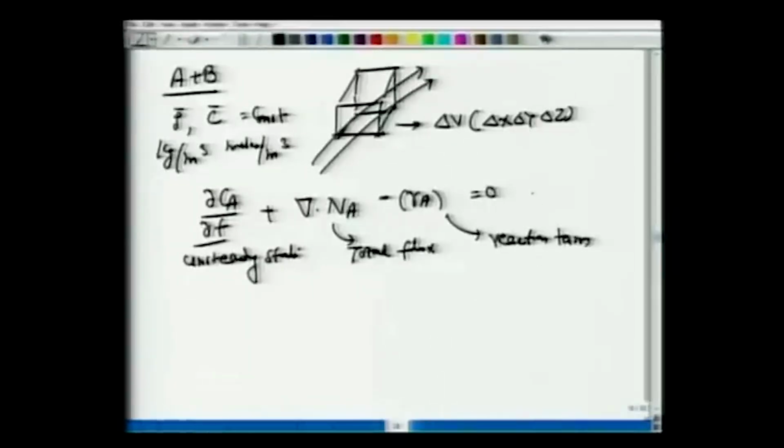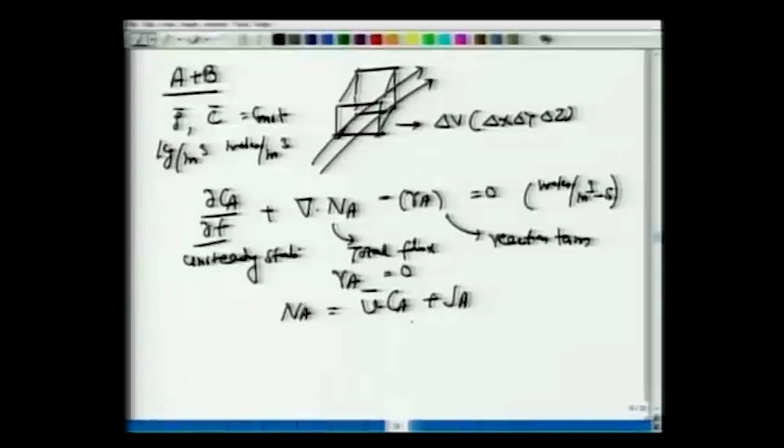Essentially we are looking at how the moles in 1 cubic meter of the control volume change in 1 second. If we assume there is no reaction, then R_A equals 0, and we substitute N_A from our previous equations, where N_A has two components, bulk transport V C_A plus molecular diffusion.